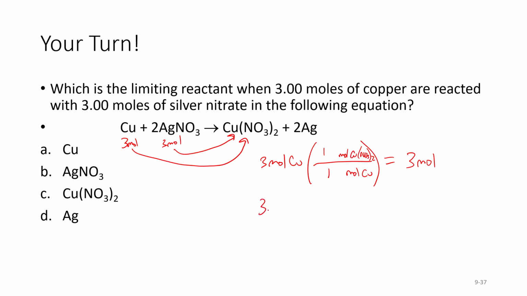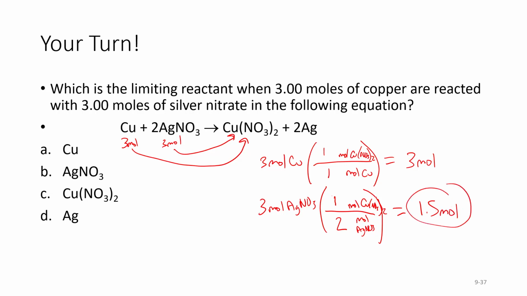So we do the other one, 3 moles of AgNO3, to moles of copper nitrate. And we use our ratios. So it's 1 and 2, multiply across the top, divide away the bottom, equals 1.5 moles.